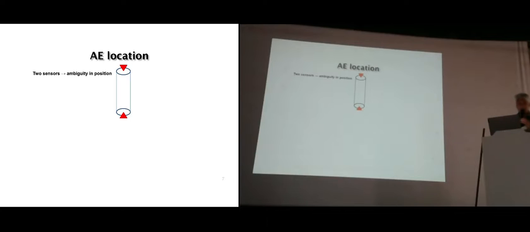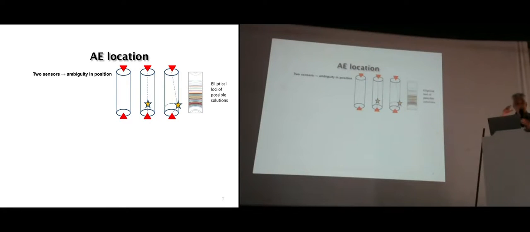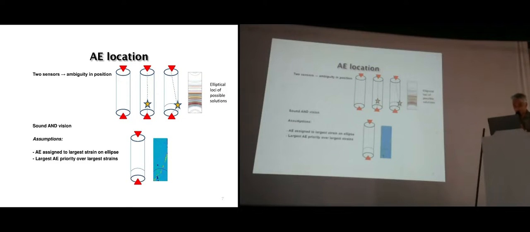Location of the events is a challenge. We've only got 2 transducers, but we do have the strain. So for any pair of arrival times, we've got these different possibilities of where the event might be on this kind of manifold, sort of a bowl shape. But we've got the strain increment.